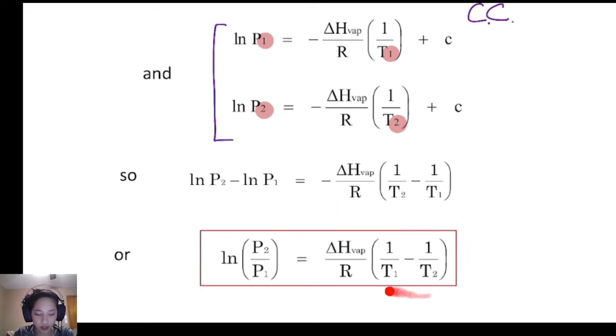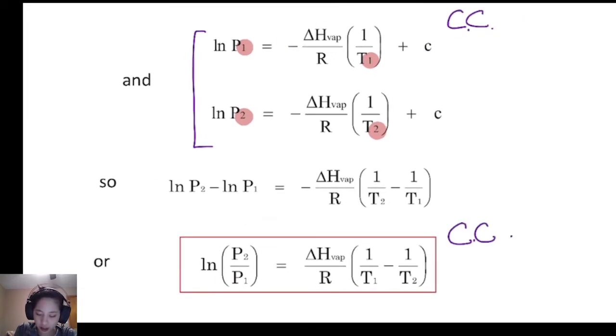You can rearrange these natural logs into ln of P2 over P1 equals, now the negative goes away because we flipped these 2, delta H vap over R times 1 over T1 minus 1 over T2. So this is our Clausius-Clapeyron equation for 2 points of the graph. You need a pressure and temperature data point, 2 sets of those.